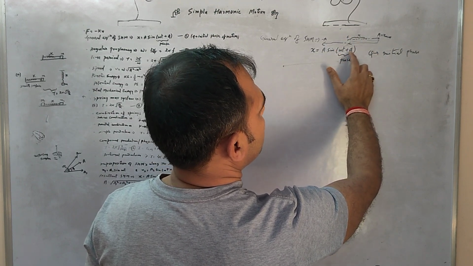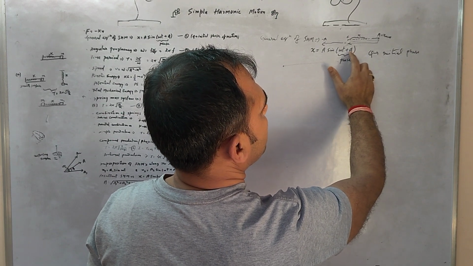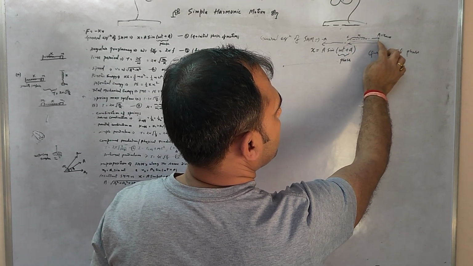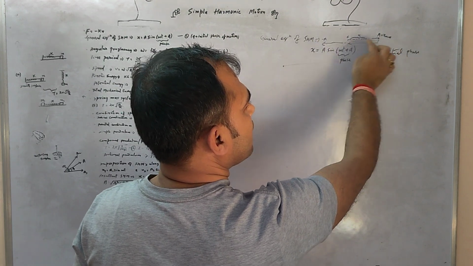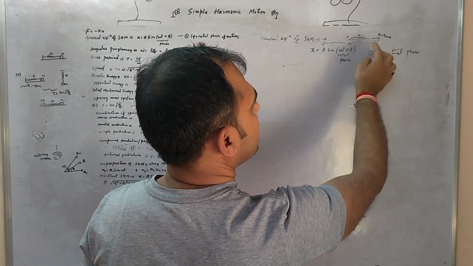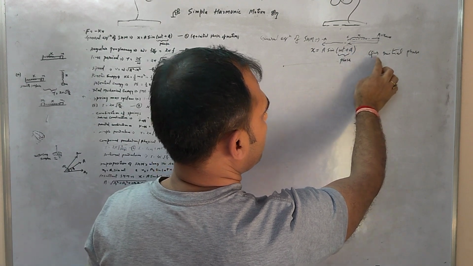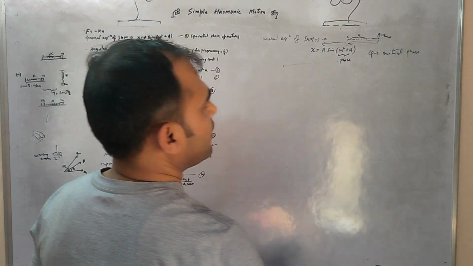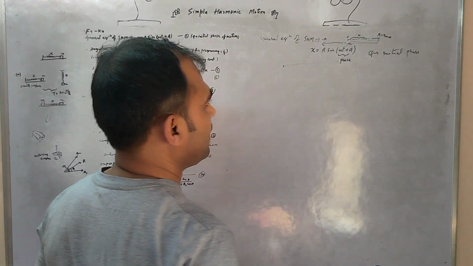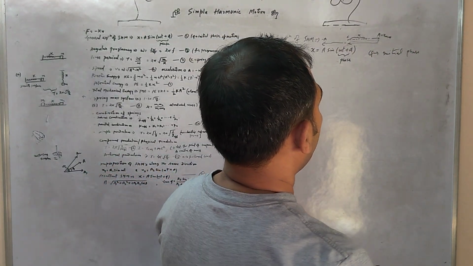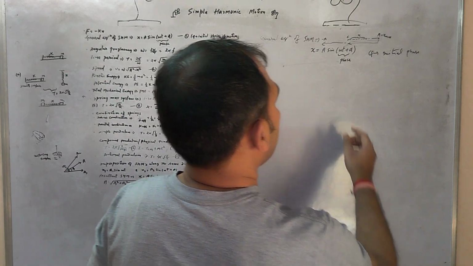If this is something, let's say pi by 2, then the initial starting point will be from here, then it again moves like this. So phi is the initial phase, that shows where the point started its motion.